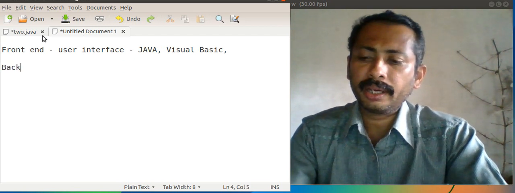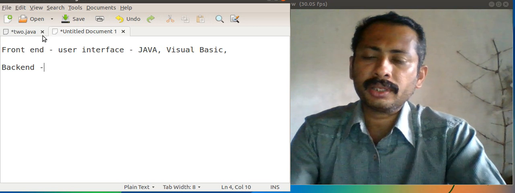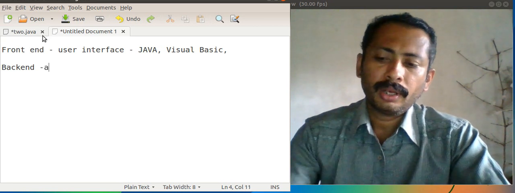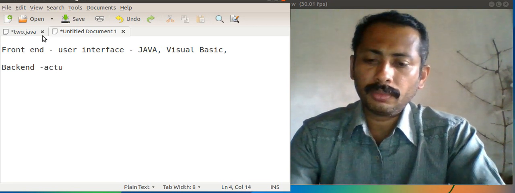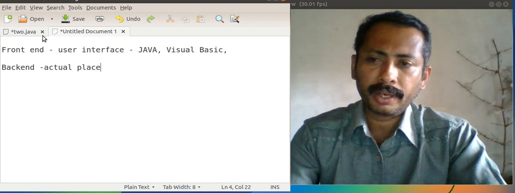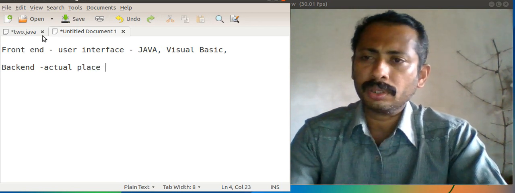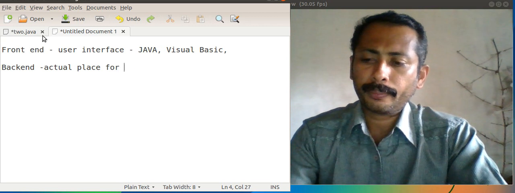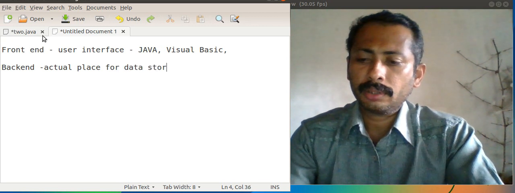And back end is the actual place or actual tool that we use for data storage.